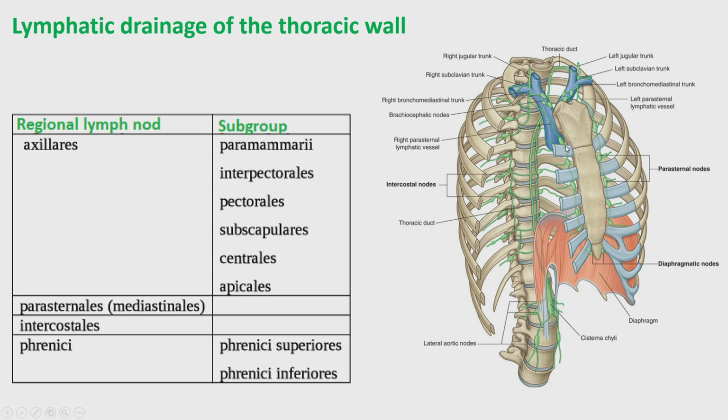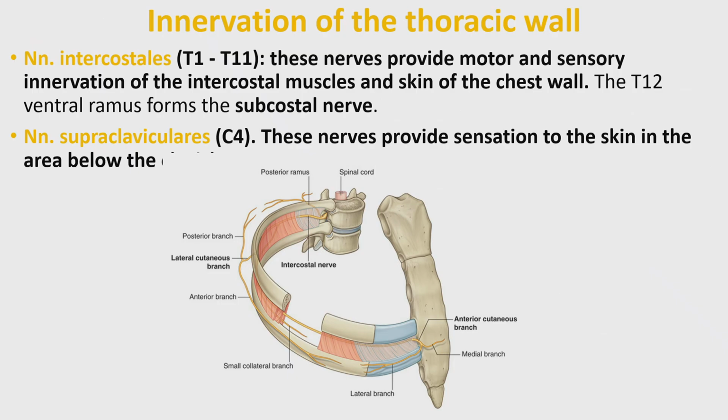Then we have the parasternal lymph nodes, which, according to the name, are parallel with the sternum, also called mediastinal lymph nodes. Then you have intercostal lymph nodes that are located in the intercostal spaces, and the phrenic lymph nodes, which are superior and inferior, above and below the diaphragm. Those are the diaphragmatic nodes, which are divided into the superior and inferior. So those are the lymphatics.